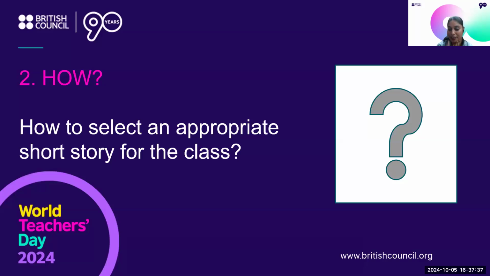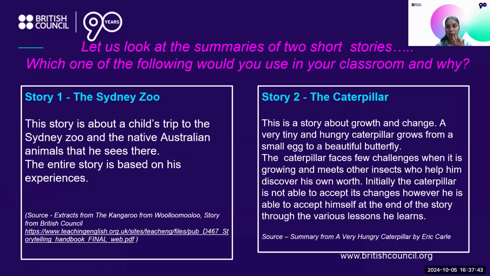So what we are going to do is we are also going to do it through a quick activity where you are going to see two stories on your screen, story one and story two. The story one is the Sydney Zoo, and story two is the caterpillar. And these are actually the summaries of the short stories. And I would want you to go quickly through these stories and write in the chat box which one would you prefer to take up in your classroom.